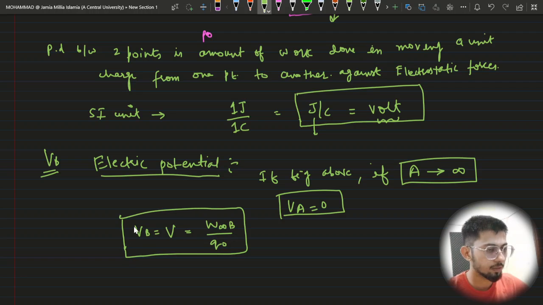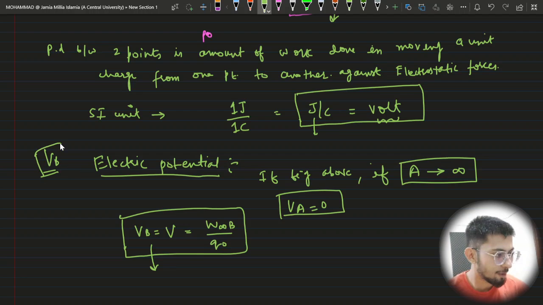So what have you got from this? VA has been moved to infinity, only VB now remains. And what is this W infinity to B? The amount of work done in moving a test charge from infinity to the point B. So the definition goes by itself.